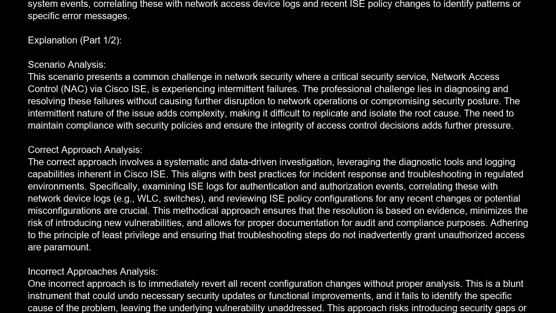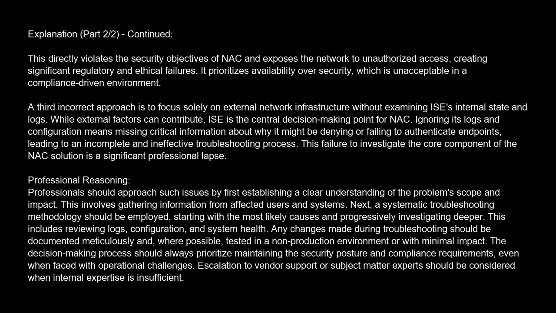Another incorrect approach is to disable security policies or features within ISE to restore connectivity temporarily. This directly violates the security objectives of NAC and exposes the network to unauthorized access, creating significant regulatory and ethical failures. It prioritizes availability over security, which is unacceptable in a compliance-driven environment.